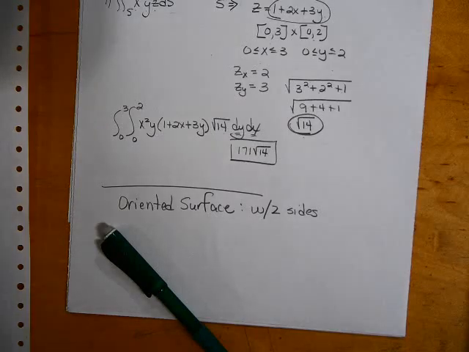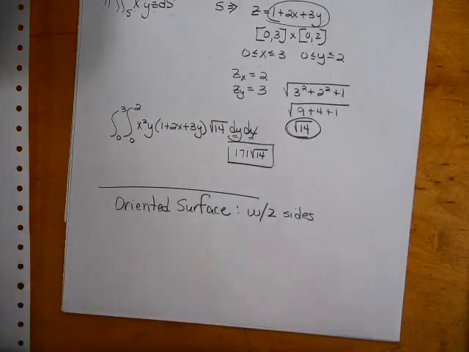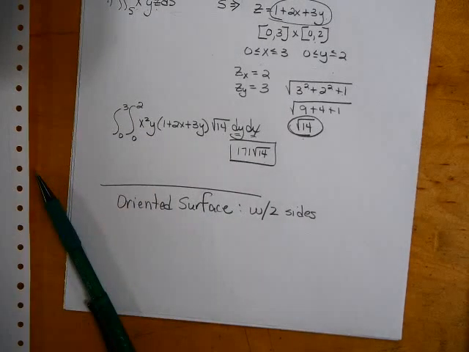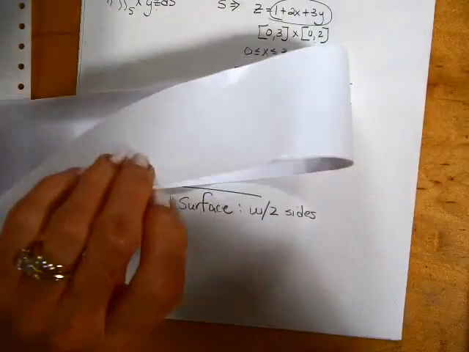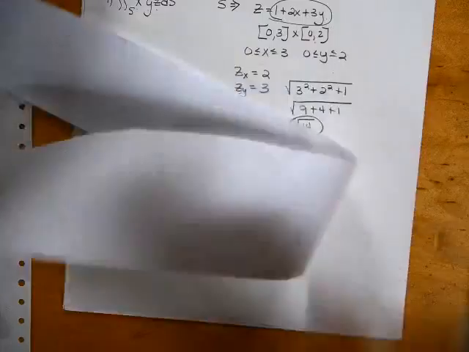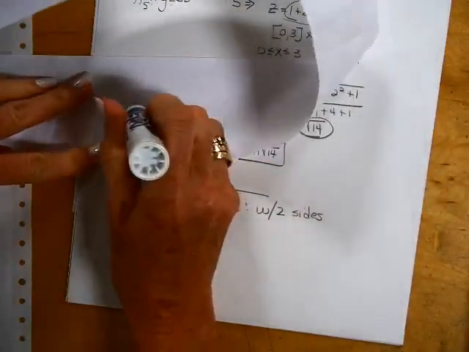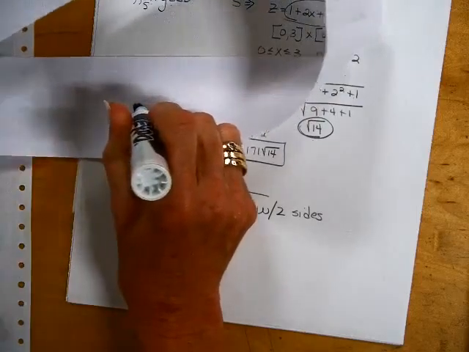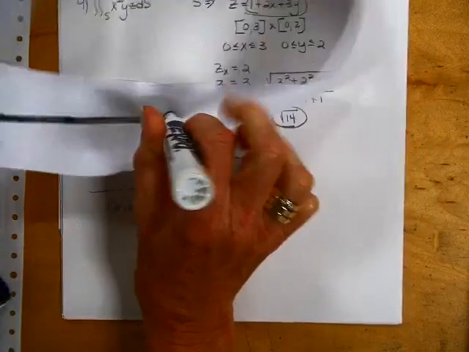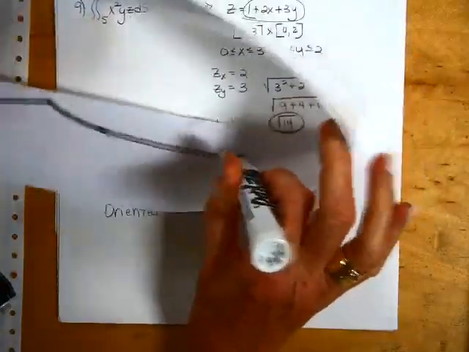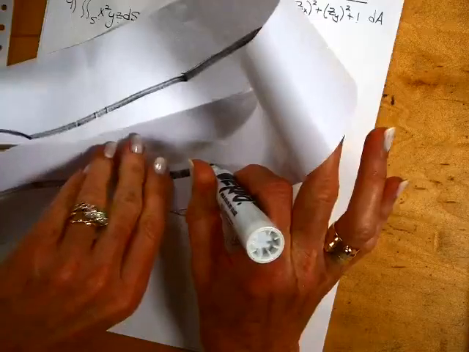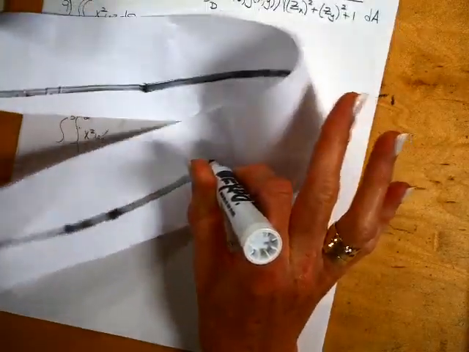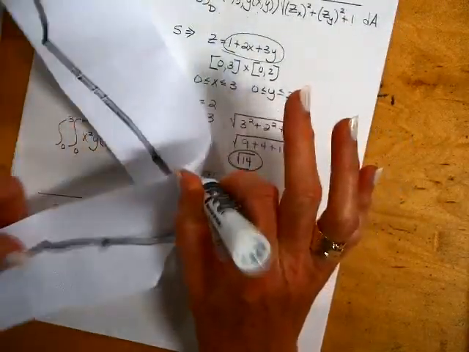And I will show you why that is true. I'll try to do it on the screen so maybe they can see it. If I take a dot right here, if I put my pencil right there and I don't pick it up, I'm going to get right back to where I started.